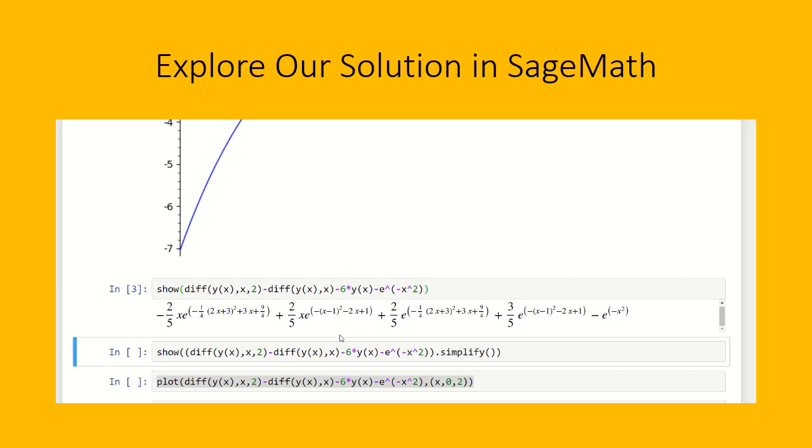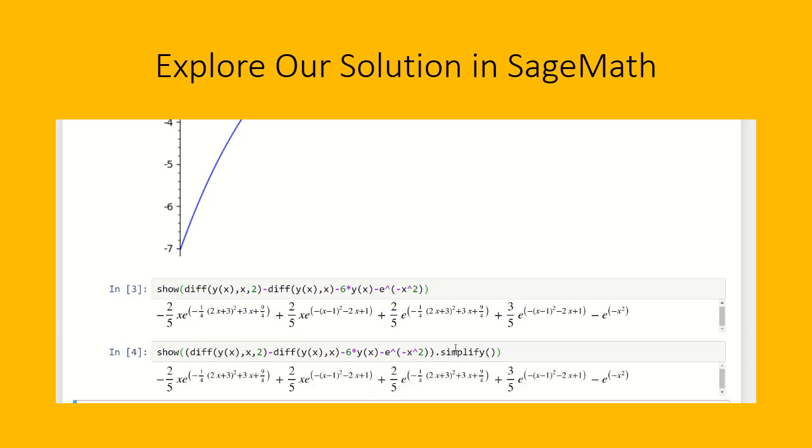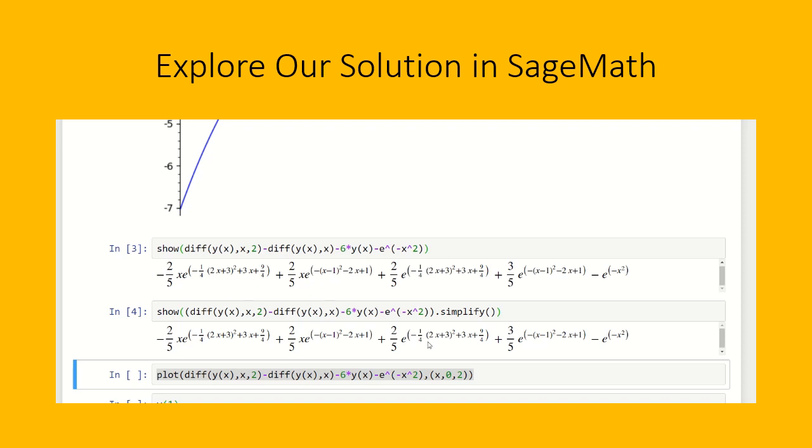Okay, let's try simplifying this answer. So I'll have a dot simplify on this, and it basically gives me the same thing again. Can't tell how big this is. So let's now go numeric.